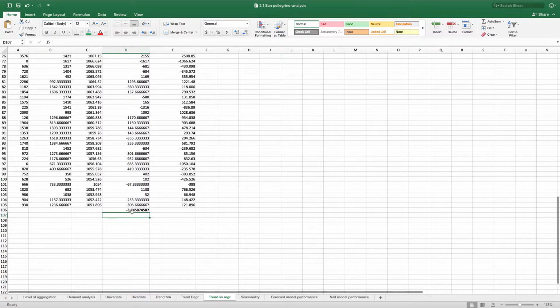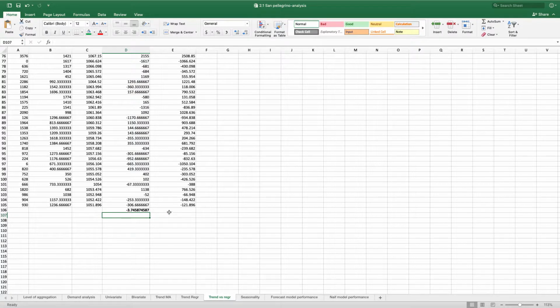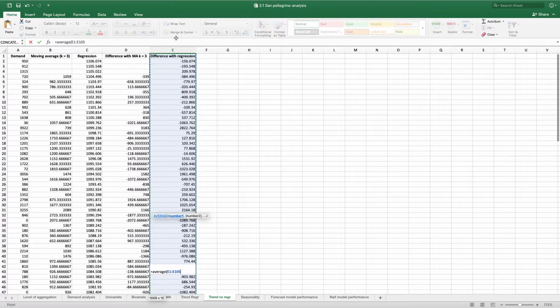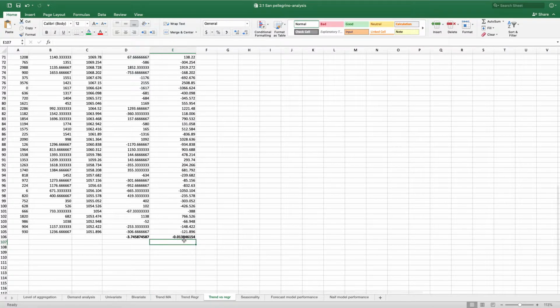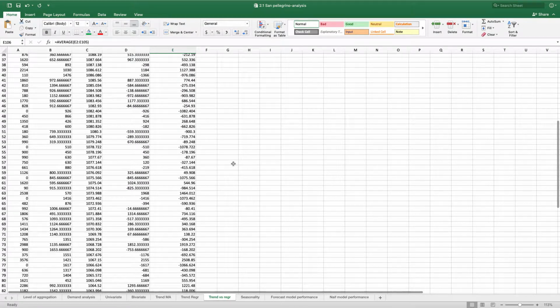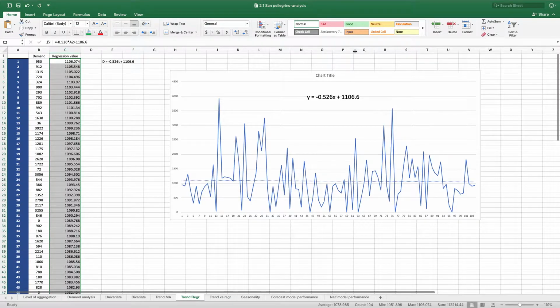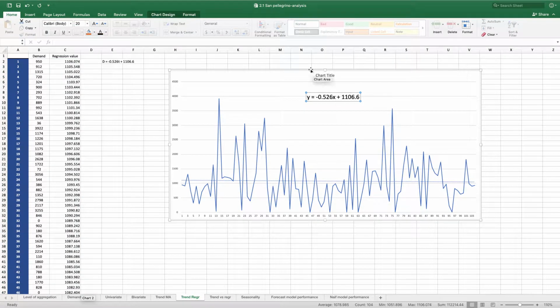The average error committed by the moving average is minus 3.74 units, and the average error committed by the regression trend line is minus 0.01, so near 0. So the regression trend line is actually the best way to get the trend of your series, and you will give this equation as input for your forecast model.